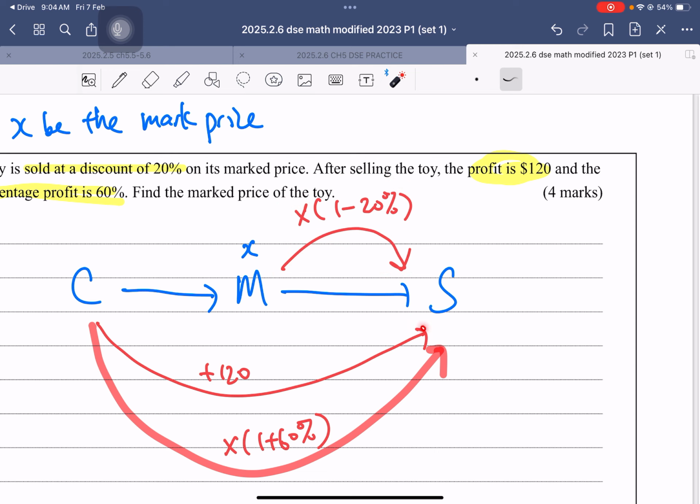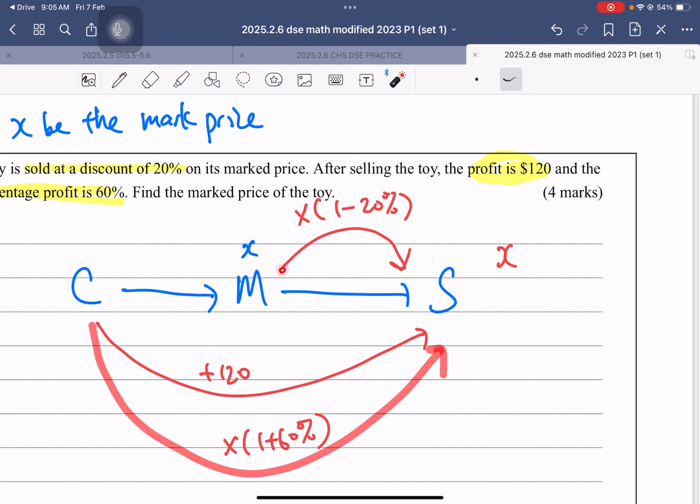If you reverse the arrow, then you change to divide or change to minus, the opposite operation. So you're starting from M, which is the X. You're starting from X, then you come back to X. Just remember this. This is the final rule: start from where, end at where. Just follow the arrows and then come back again.